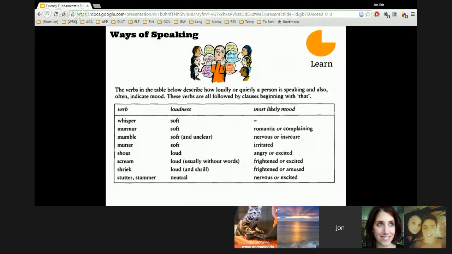These are descriptive verbs. They're verbs, but they're kind of like adjectives. So you have to say that you're saying something in this quiet way, or you're saying it in this loud way. So the that is necessary to make it clear that you're sort of describing, not just saying or telling, but describing.